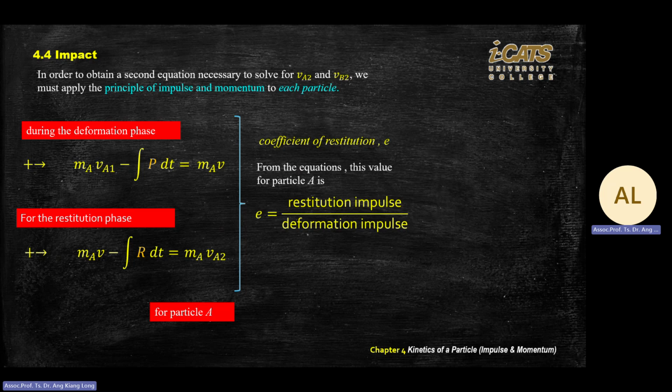You take after the maximum squeeze divided by before the maximum squeeze. You take restitution impulse divided by deformation impulse. This is a new equation for dynamics for this module, a new equation for today, for chapter 4. The rest you keep repeating the principle of impulse and momentum. This is a new one for today.